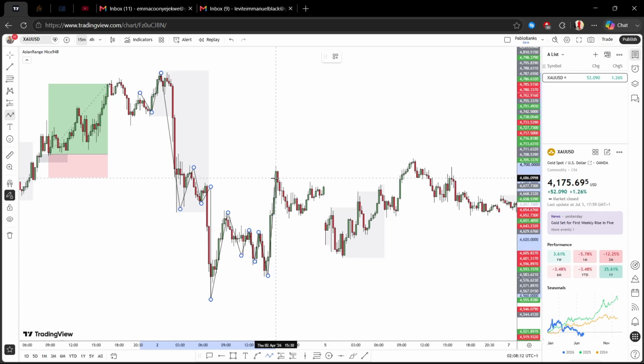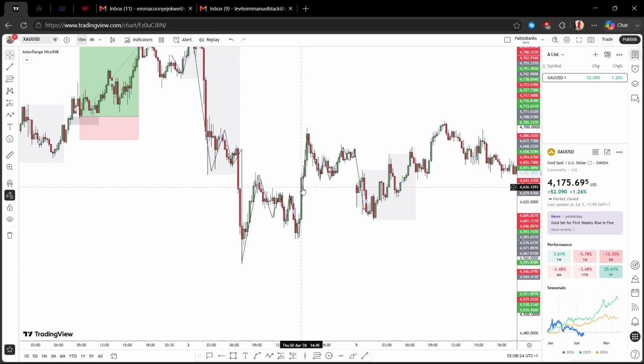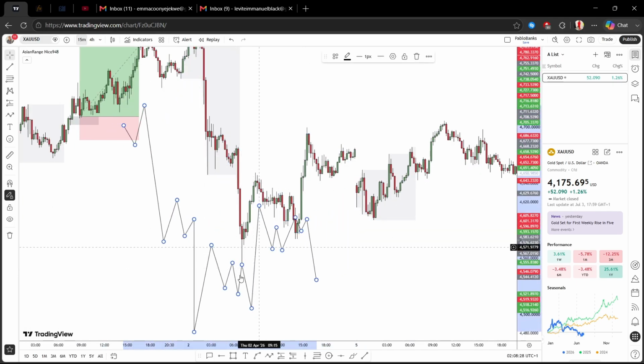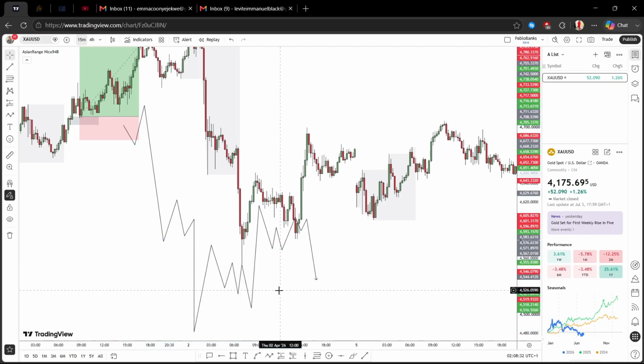I'll show you why. Let me just finish the market structure for the day. Why I wouldn't be looking for buy at this point is that, look at my previous structure high for sales.